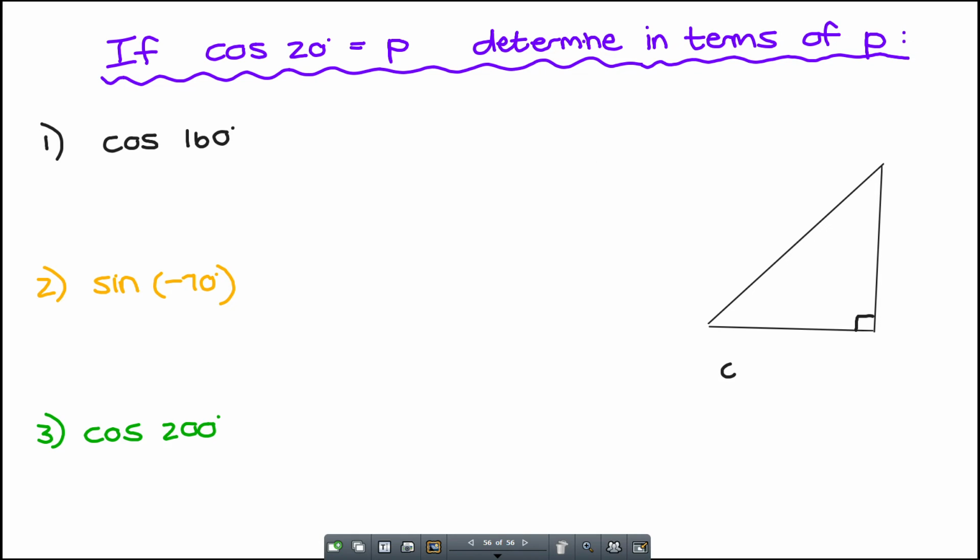Want as ek vir jou sê cos 20 is gelyk aan P, dan is dit eintlik P op 1. Nee, I write that P in terms of a fraction because I know that cos is actually adjacent over hypotenuse.